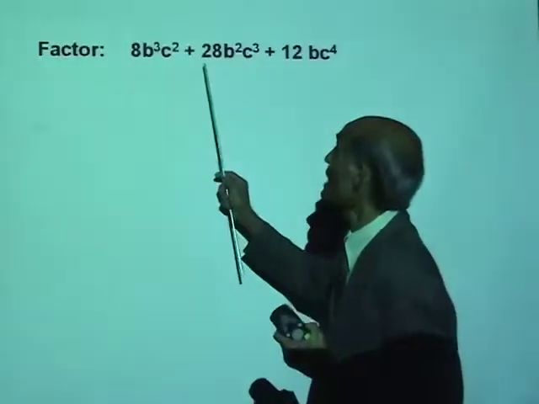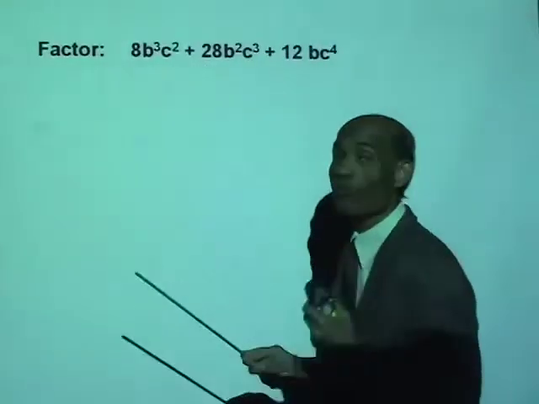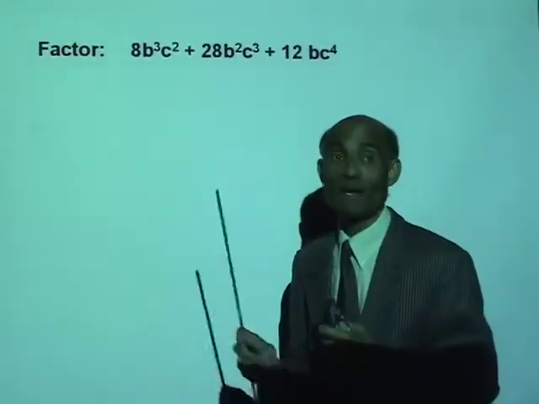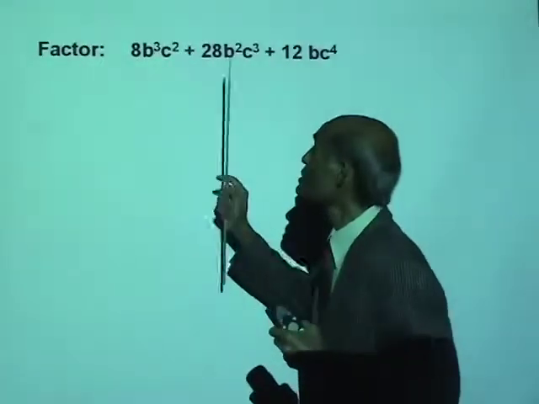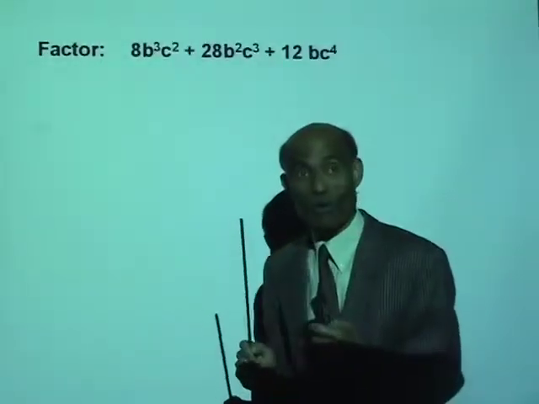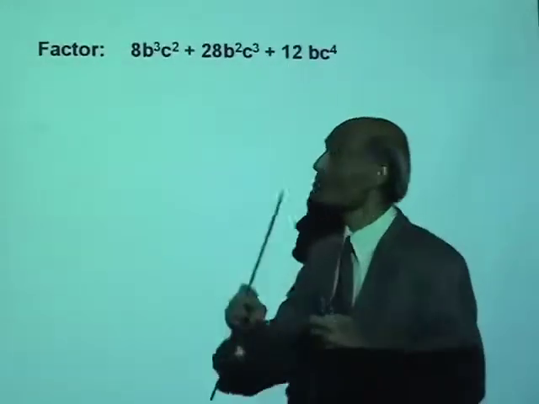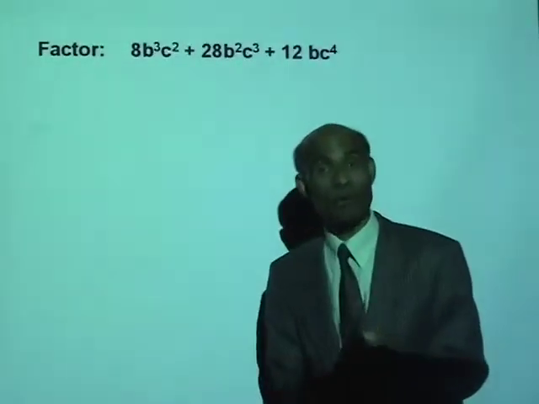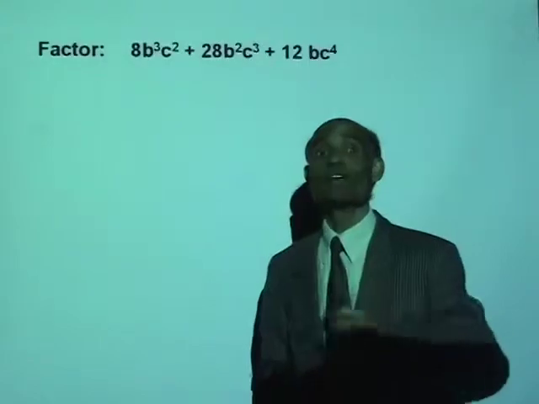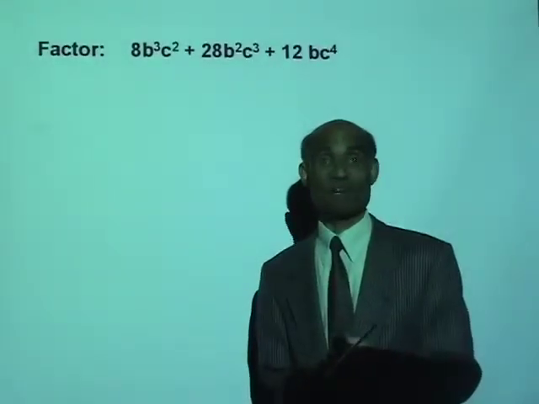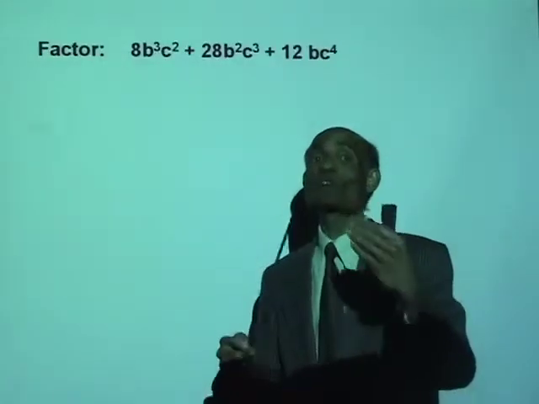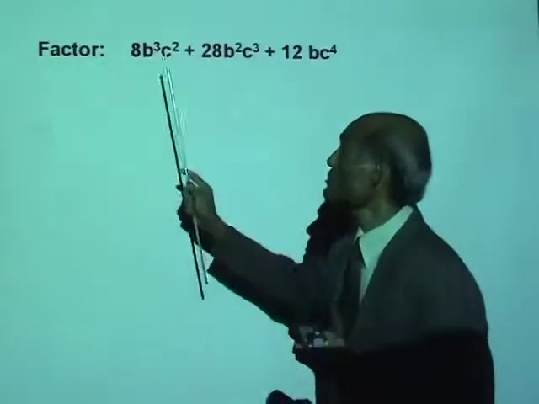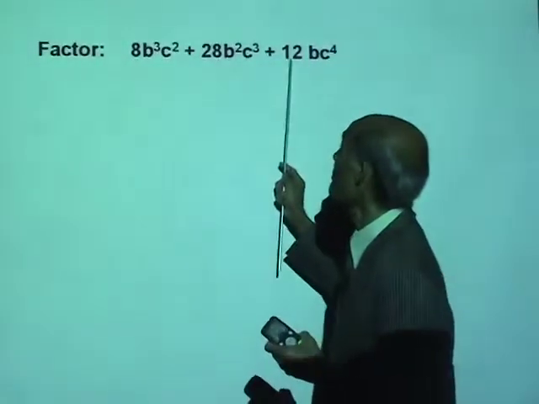So 2 is a common factor. How about 4? Well, I think 8 can be divided by 4. 28 can be divided by 4. 12 also can be divided by 4. So 4 is the greatest common factor and not 2. 2 is a common factor but not the greatest.